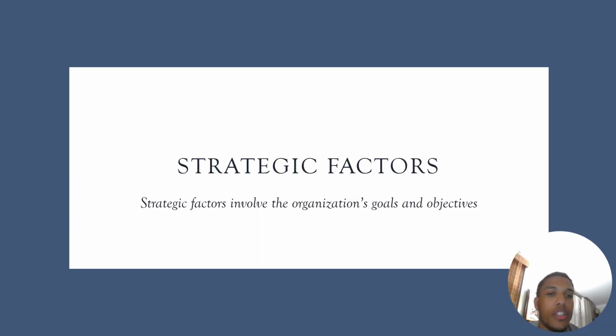Here you'll see the strategic factors, and they involve the organization's goals and objectives. The structure of an organization should align with its strategic objectives. If my goal is to foster innovation, then I'm not going to look for a networking structure, because all they're doing is focusing on outsourcing.